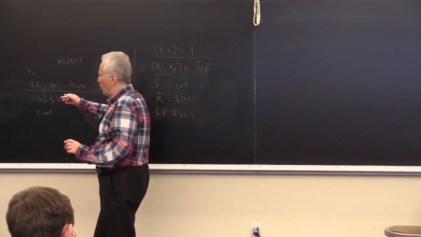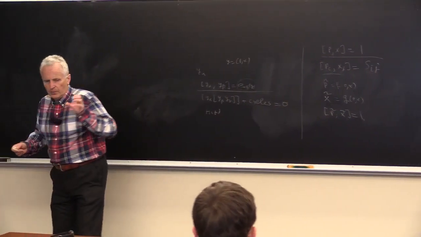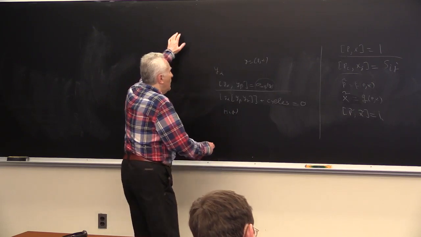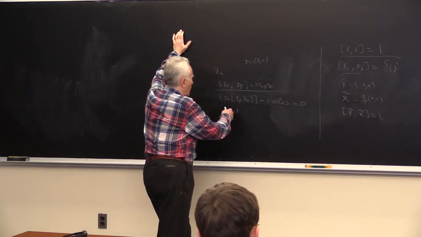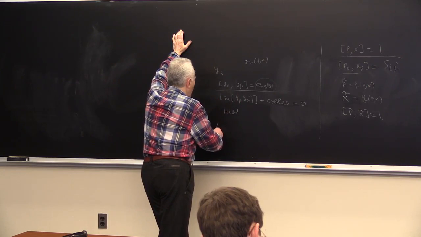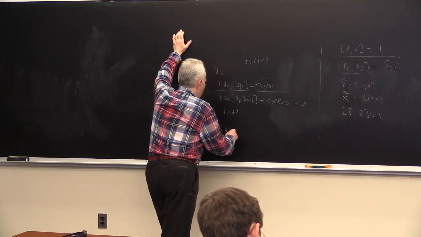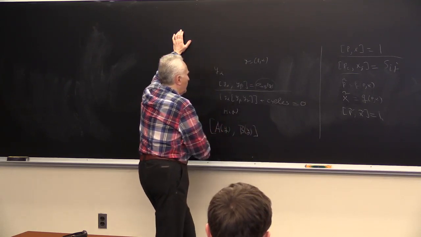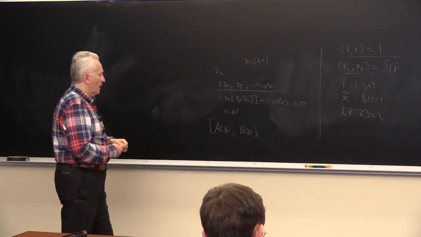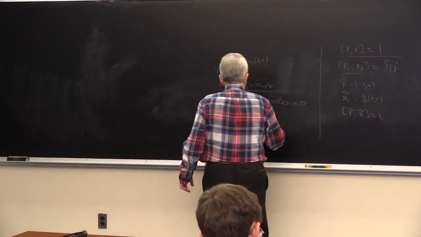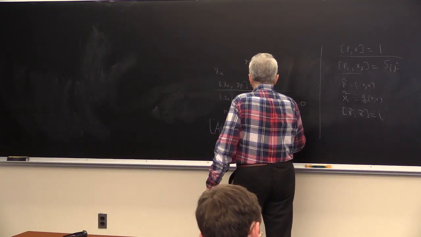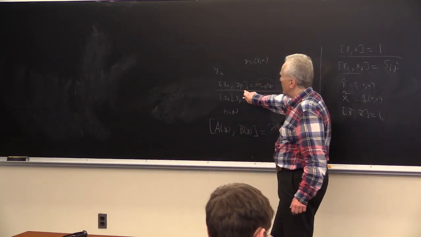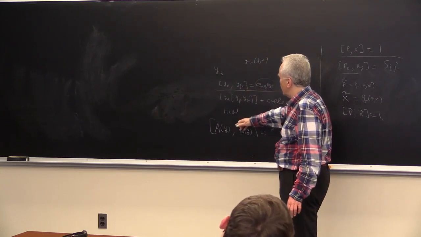By the way, one more rule which I want to remind you about is that, more or less by definition, if you have two functions on the phase space, you define the Poisson brackets in the following way. Roughly speaking, you are saying this is a commutator in some sense.